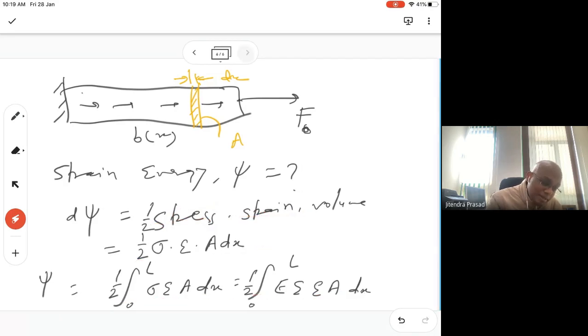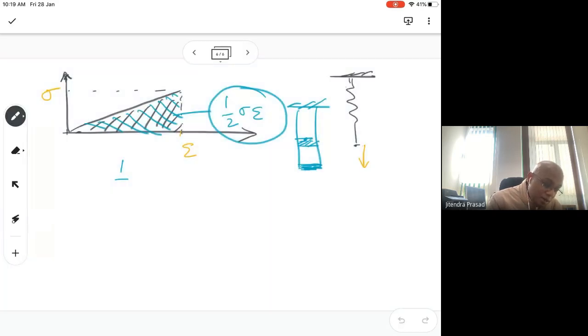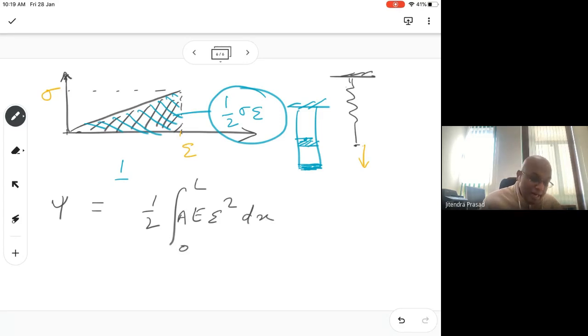And that's why we get psi is equal to half, and then you have E strain square, area is also there, dx from 0 to L. So this is what the strain energy is, and then the work done.